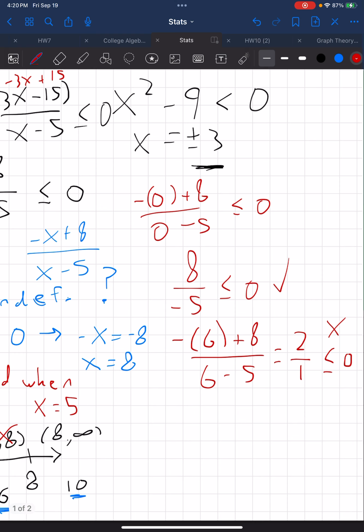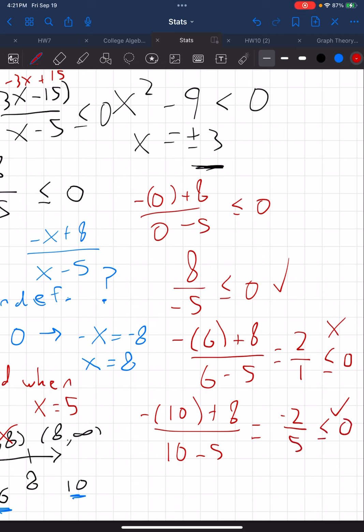And the last interval to check, we'll plug in 10 to get -10 plus 8 over 10 minus 5. We can simplify that to -2 over 5. And we ask, is this less than or equal to 0? Yes, it is.